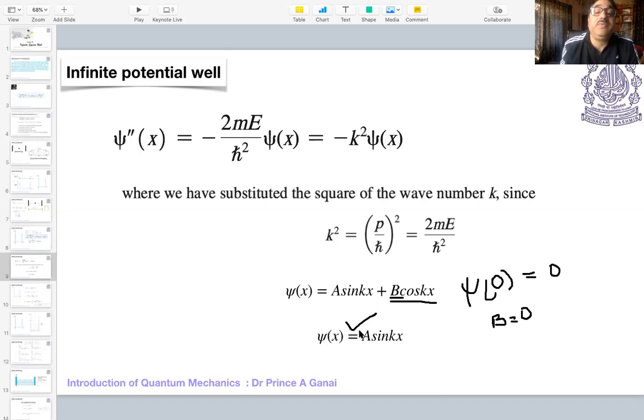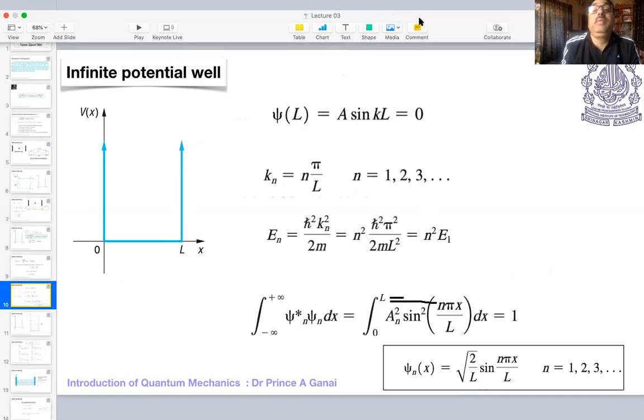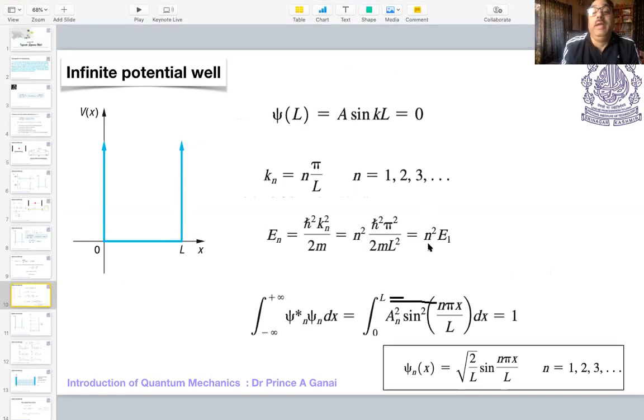Now it needs to satisfy the other boundary condition also. So what is the other boundary condition? When x is equal to L, the wave function should again go to 0.